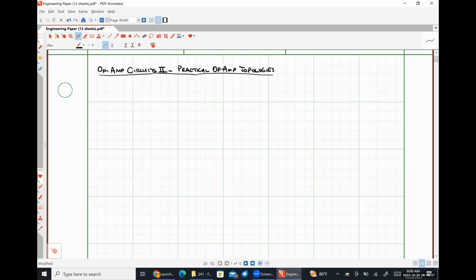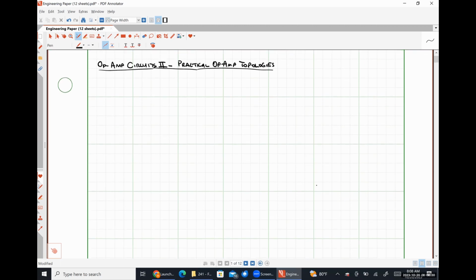All right, so the first circuit that we are going to look at is the most common configuration for an op-amp in practice. And it's actually something that we have seen to some extent. So I have my op-amp circuit. I'm going to ground my non-inverting input terminal, connect my negative feedback loop with some resistance here.